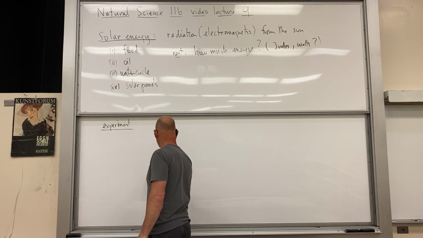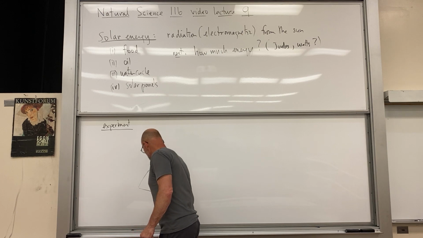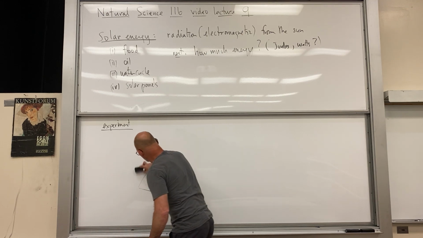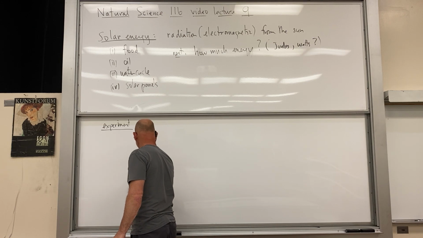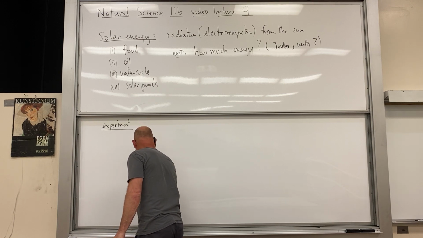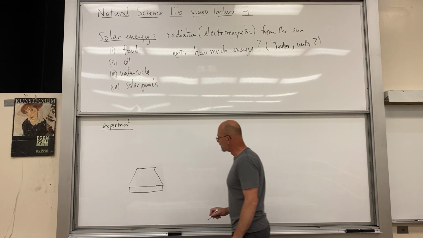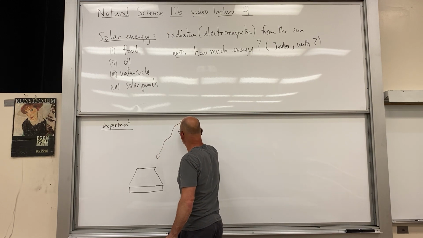I have to draw some kind of box here that faces the sun. And it can take more than one try. I need some kind of perspective here. Well, here we go. There, that's a box, and we have incoming sunlight.